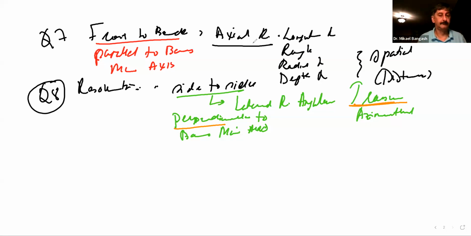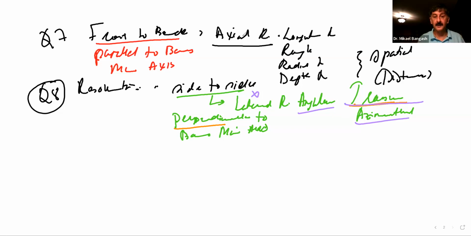Any questions? Okay, but please keep in mind, ladies, you may not necessarily get the word lateral resolution as an option. You can begin with angular, you can begin with transverse resolution.